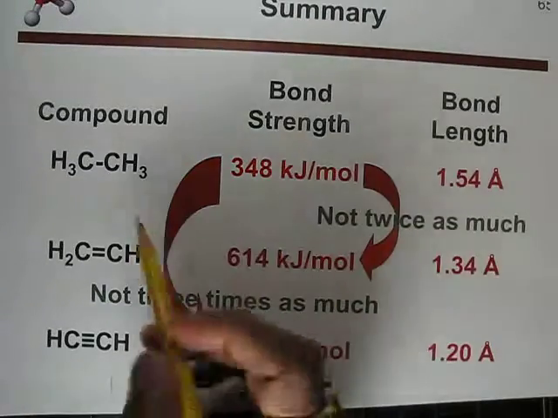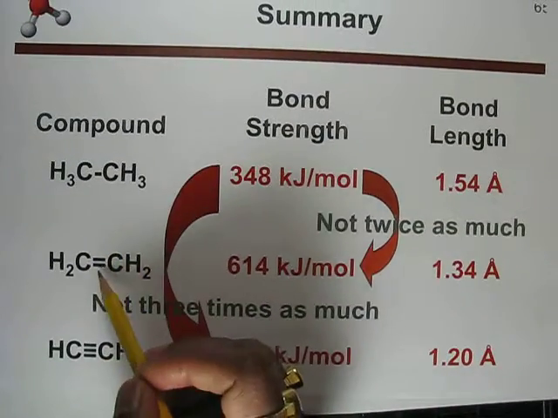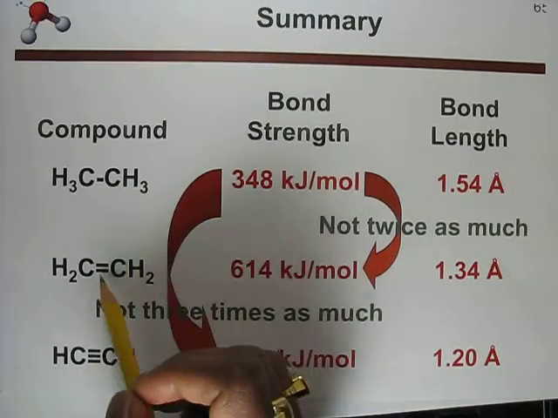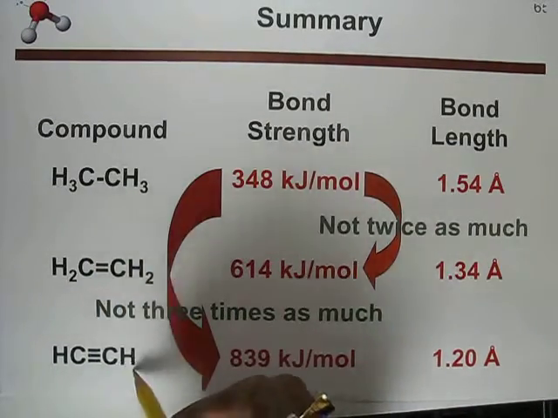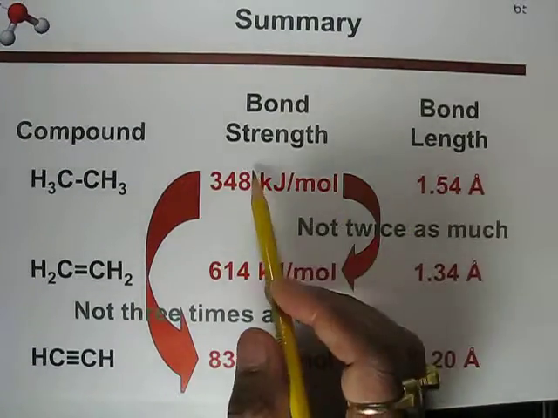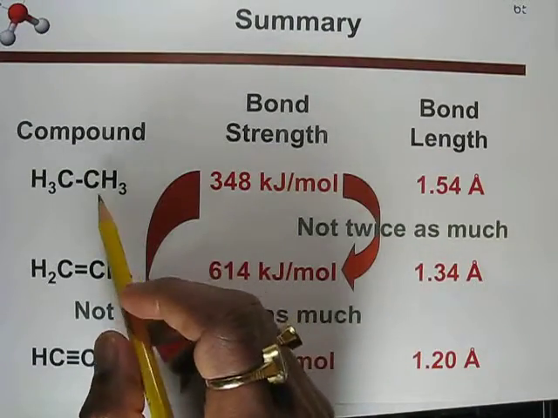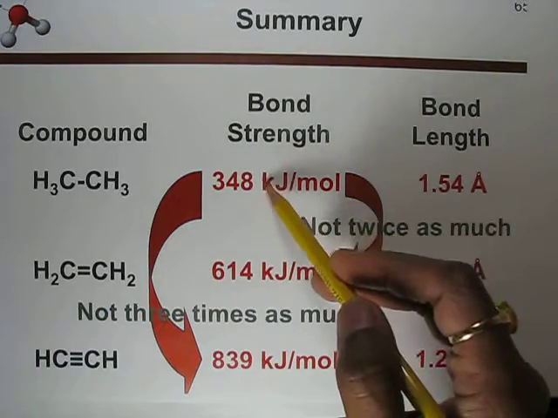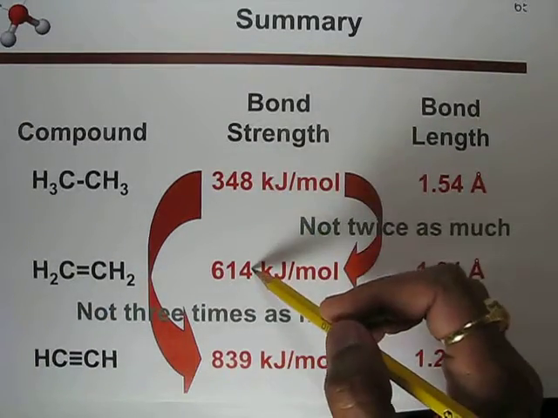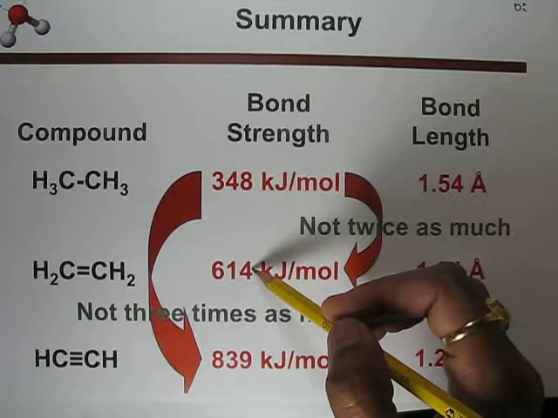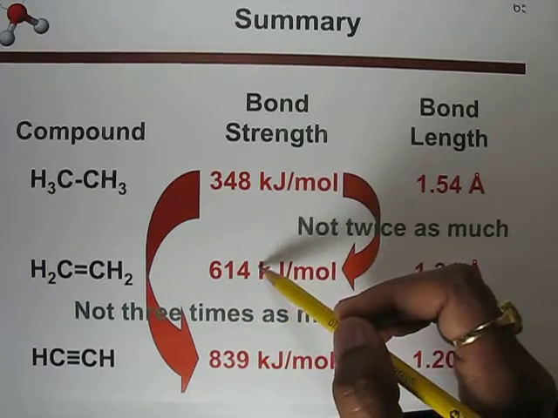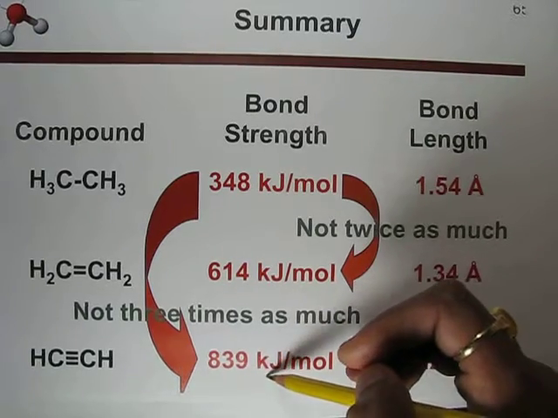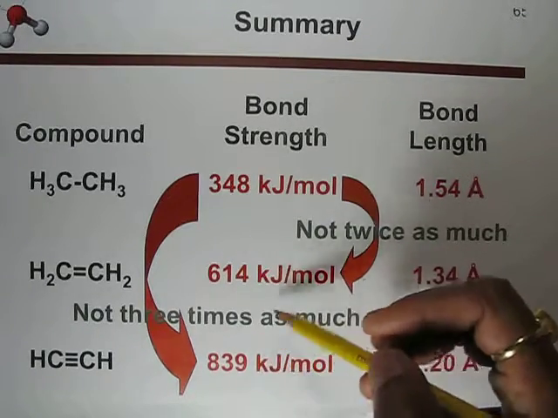Let's see one example so we can understand this better. Here is an example of a carbon-carbon single bond, carbon-carbon double bond, and carbon-carbon triple bond. This is called ethane, this is ethene, this is ethyne. As we have seen, a single bond is less strong compared to a double bond, and the triple bond is the strongest one, so it needs more energy to break it.